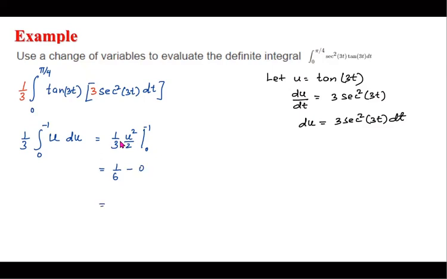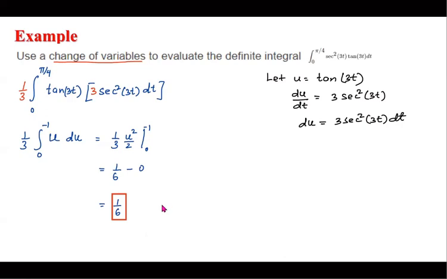That means 1/6 minus 0 is 1/6. So the value of the given definite integral is 1/6 using u substitution, or using change of variables. We change the variable t to variable u and we simplify that.